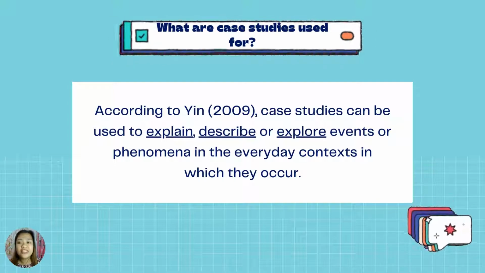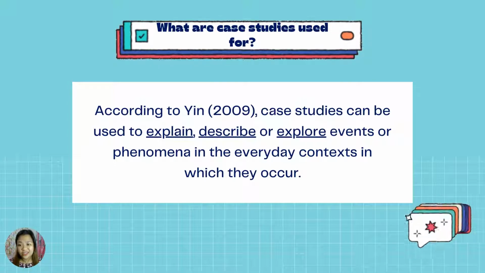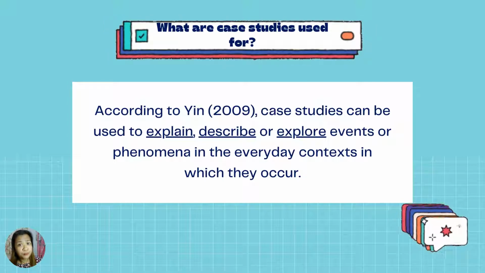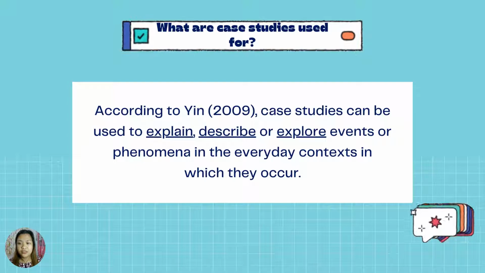This can, for example, help to understand and explain causal links and pathways resulting from a new policy, initiative, or service development.